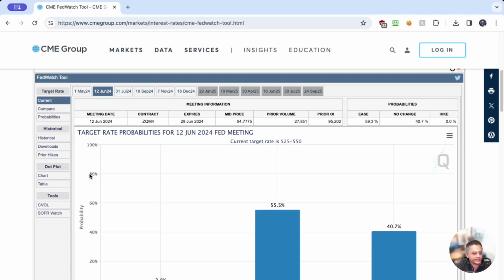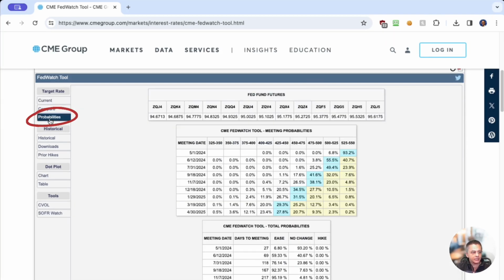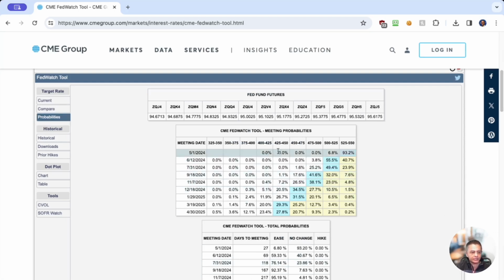But the other interesting thing I find is on the left side there is something called probabilities. I use that mostly, and it has these two tables. This table shows you all the dates of the upcoming FOMC meetings, and the blue square shows you what is the highest expectation of the market of what might happen.